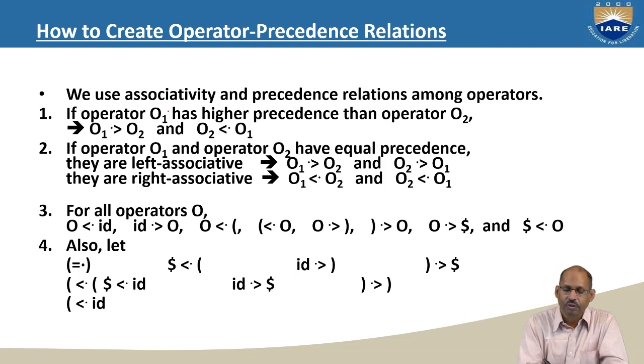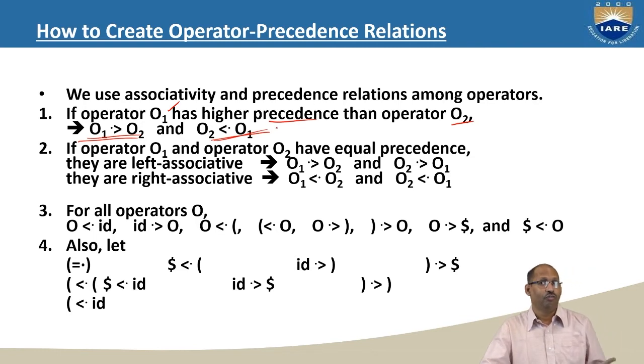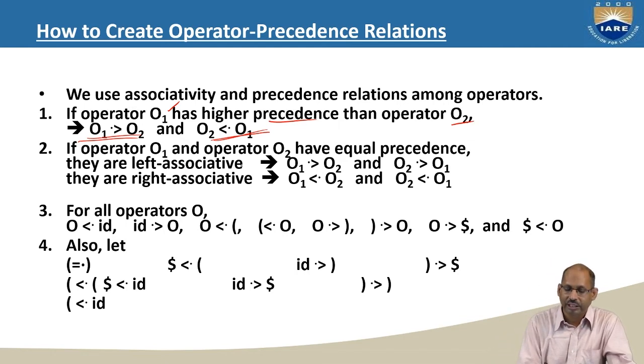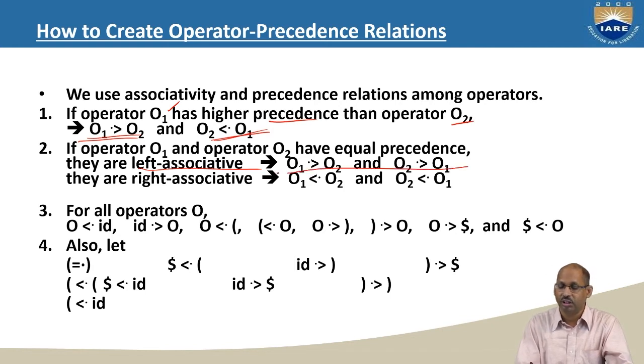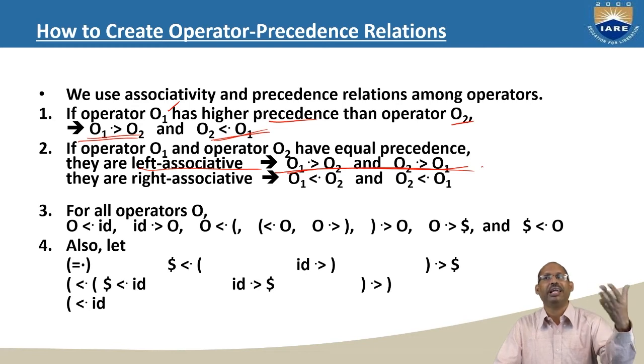Here, O1 has higher precedence than O2, so we use this relation. Then if operator 1 and operator 2 have equal precedence and are left associative, we have to decide which is to be executed first.